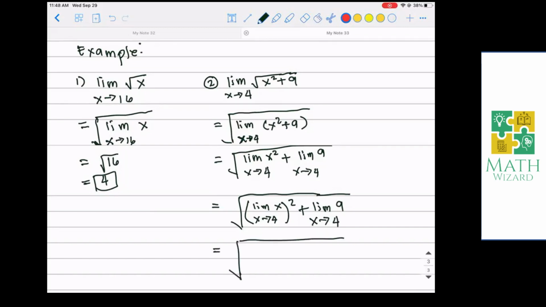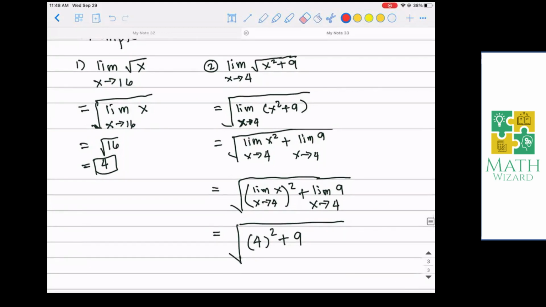So the limit of x as x approaches 4, ang sagot natin dyan ay kung saan nag-a-approach si x, so it's 4 squared plus the limit of 9. The limit of a constant function 9 as x approaches 4 is 9.